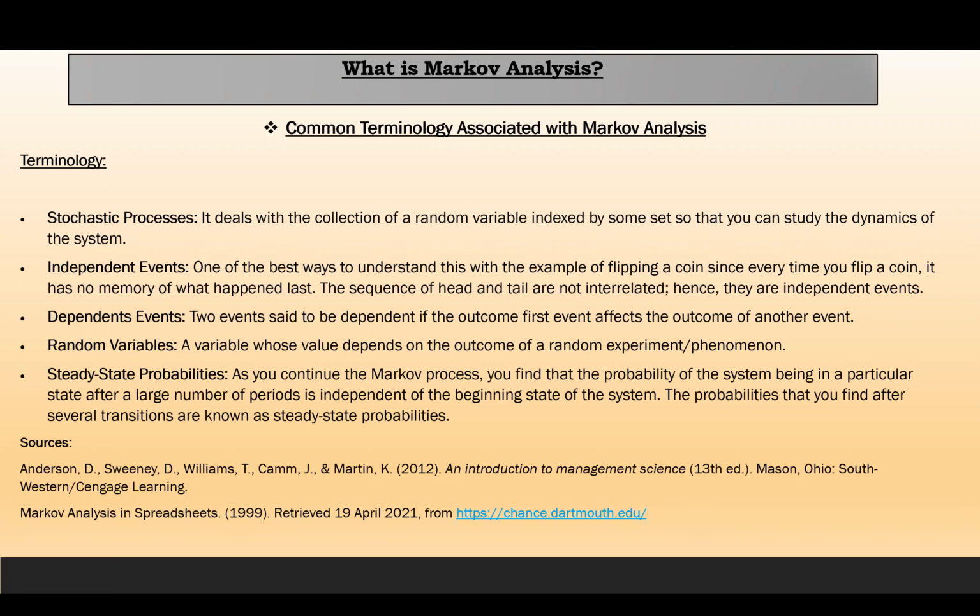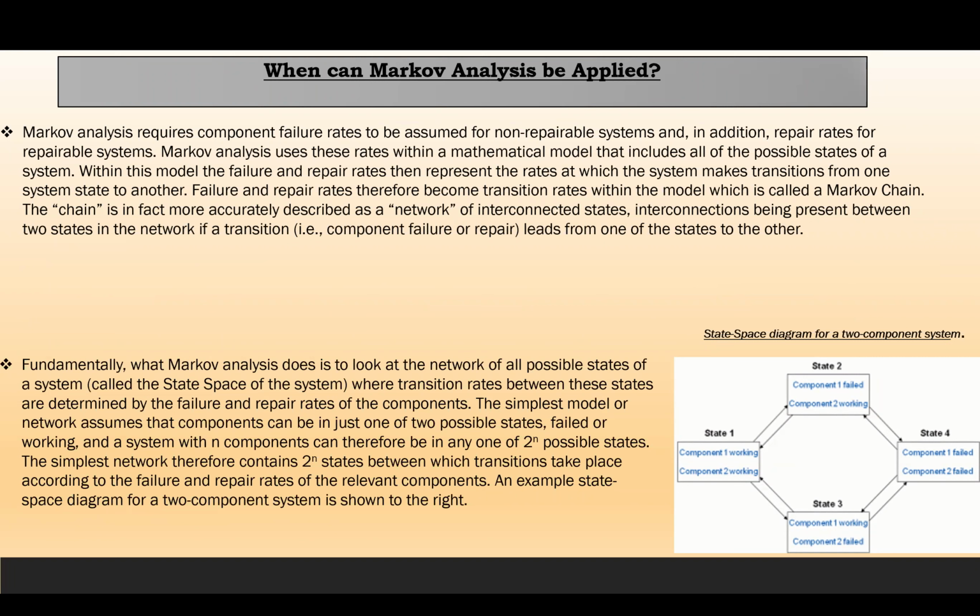Now we'll discuss when we can apply the Markov analysis. In shifting our discussion towards the Markov analysis being applied, we have to consider that, like all quantitative methods in reliability engineering, Markov analysis requires component failure rates to be assumed for non-repairable systems, and in addition, repair rates for repairable systems.